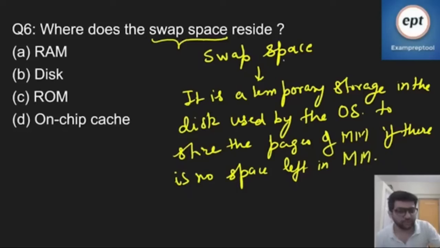So swap space is used by the operating system to temporarily store the memory image, or the values that are present in the main memory.